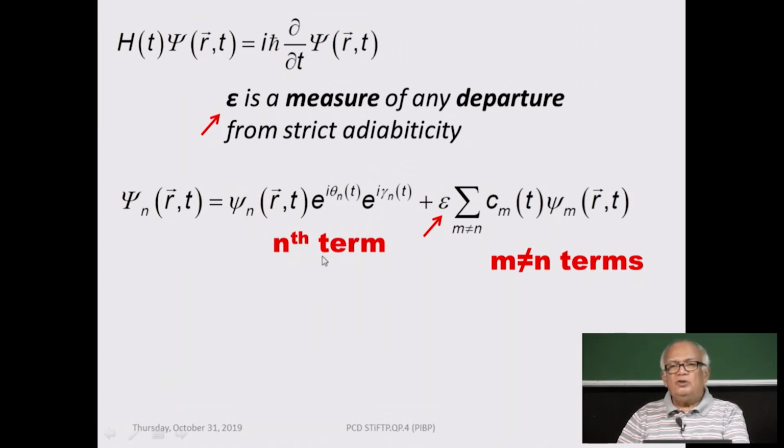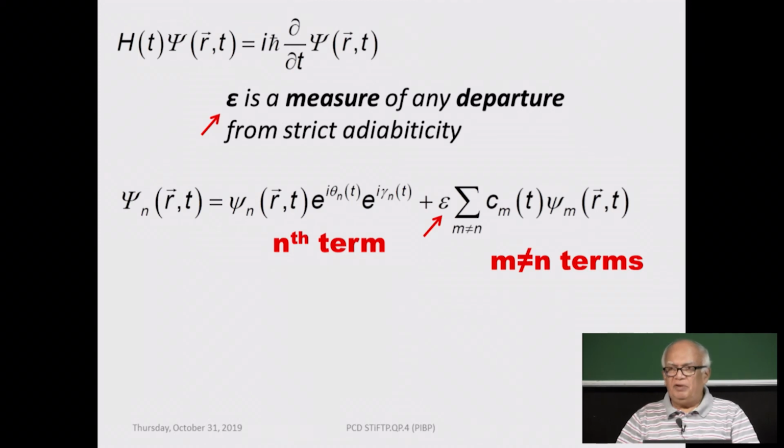This is what you would have if there was strict adiabaticity, which we had on the previous slide, but now that we are talking about a departure from adiabaticity, which is measured by the tiny parameter epsilon, then you can have an admixture of all states m not equal to n.